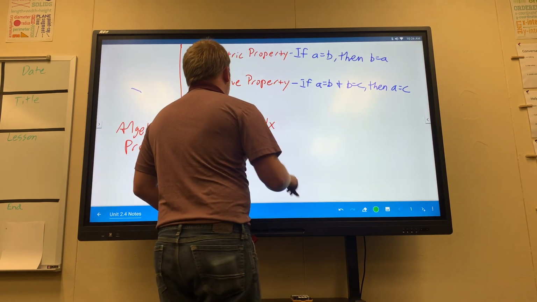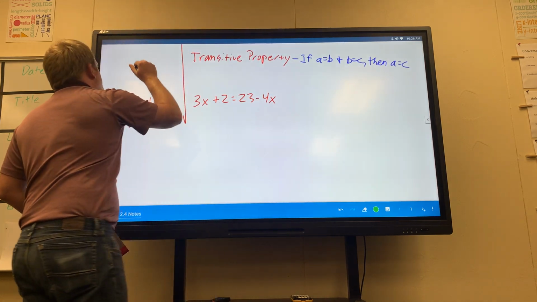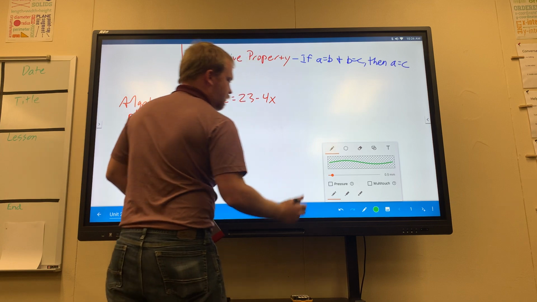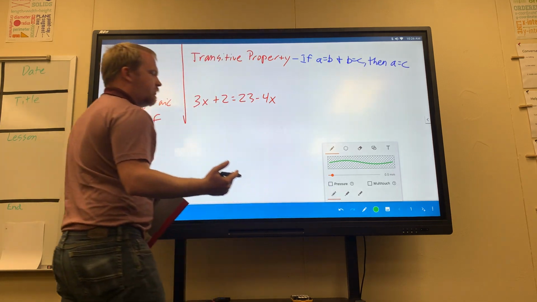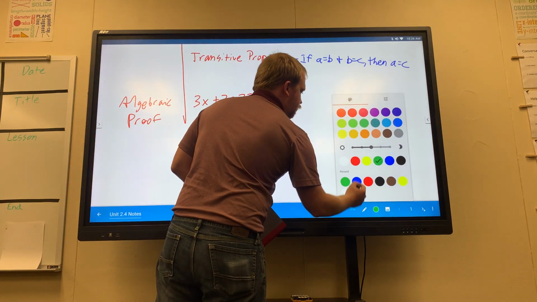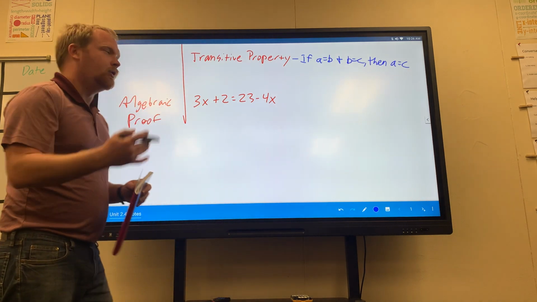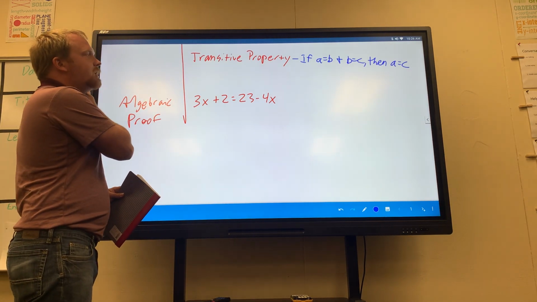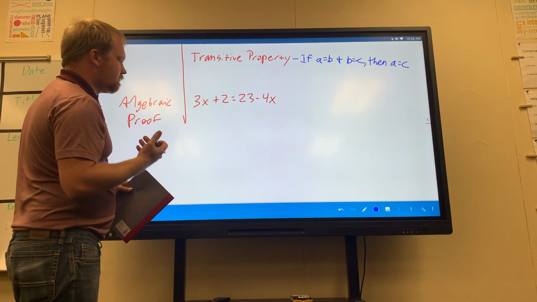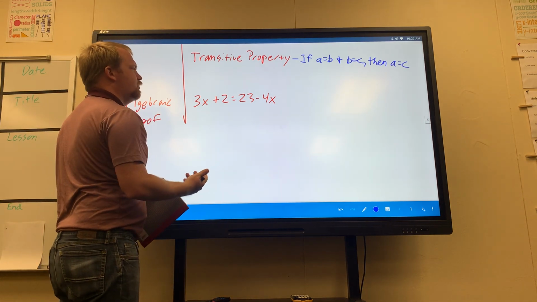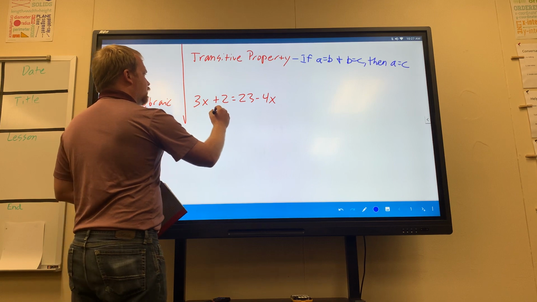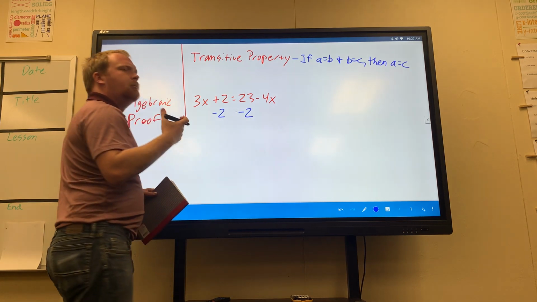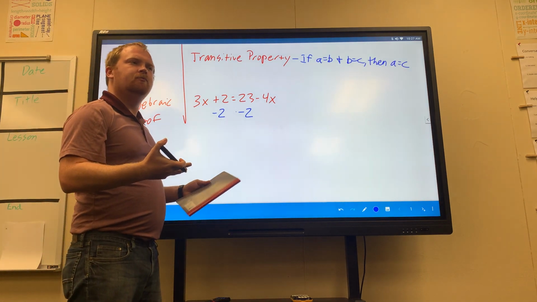Now, let's look at this one example. And we're going to solve this, but here's the catch. We're going to use properties for our steps, okay? So one of the things we've got to do is subtract 2 from both sides. So I'm going to subtract 2 from both sides, so minus 2. Now, what property did we just use?